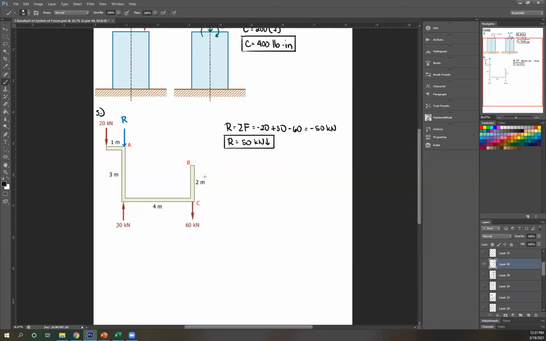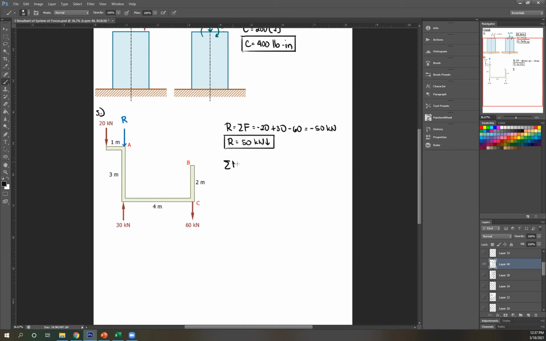To make things easy, once again, you're gonna take moment about a point that would cancel out your unknowns. I'm gonna put it here at A, since that cancels out your resultant and this 30 kilonewton force. Okay. Remember, your couple doesn't matter where you take your moment; its effect should still be the same.